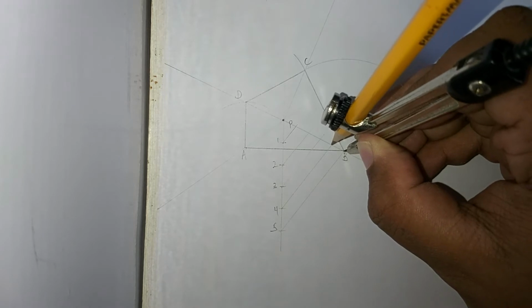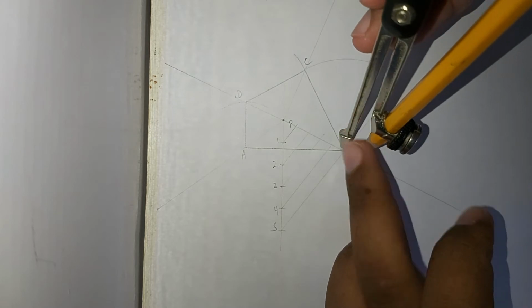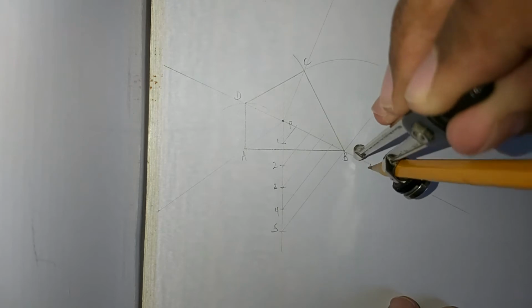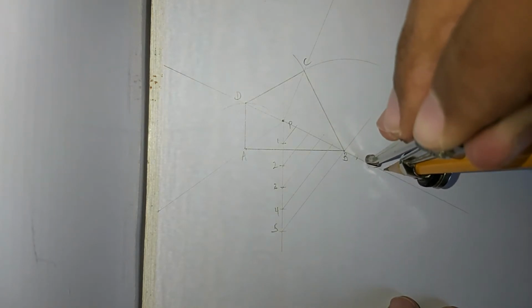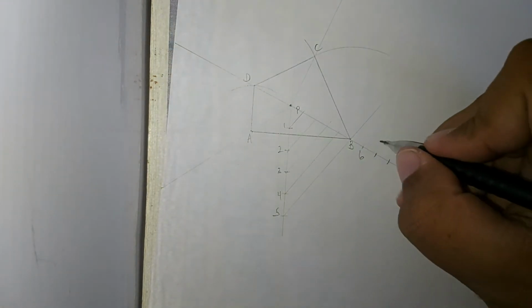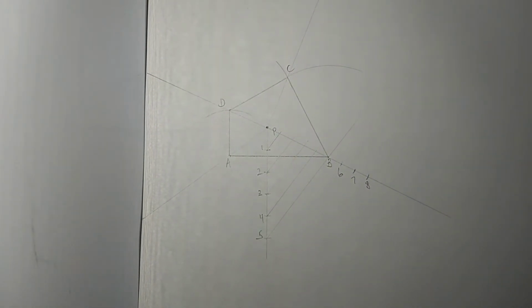So you can see me taking the measurement of one division, and then from B, I'm going to scribe 1, 2, 3 arcs. So that is going to give me 6, 7, 8. The reason why 3 arcs are scribed is when you minus 5 from 8, remember 8 is the first number in the ratio, you get 3. So that's how you get the other 3 points, 6, 7, and 8.